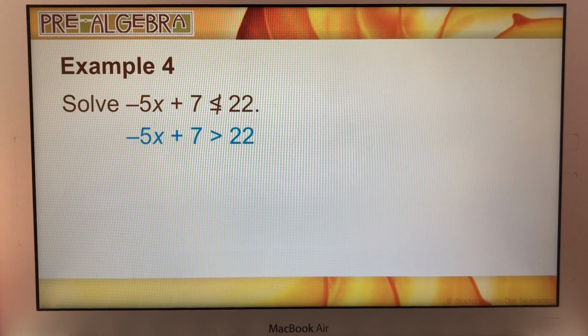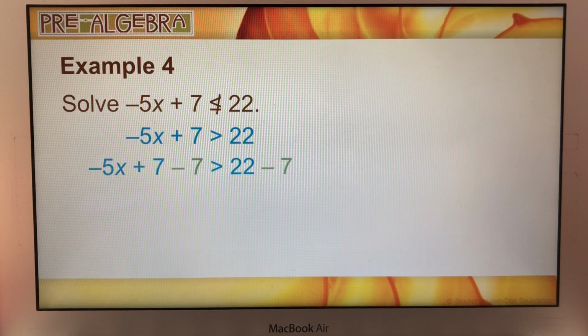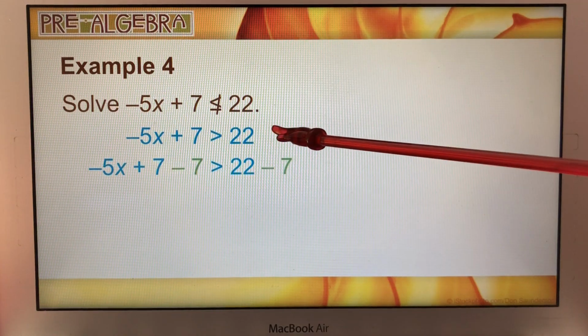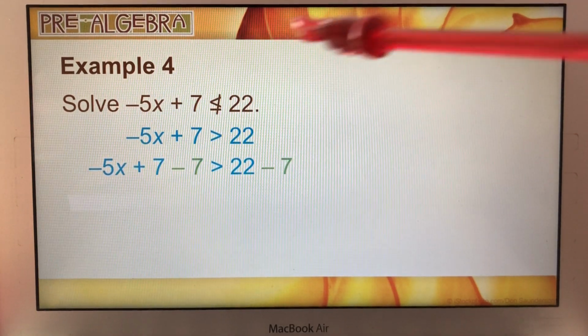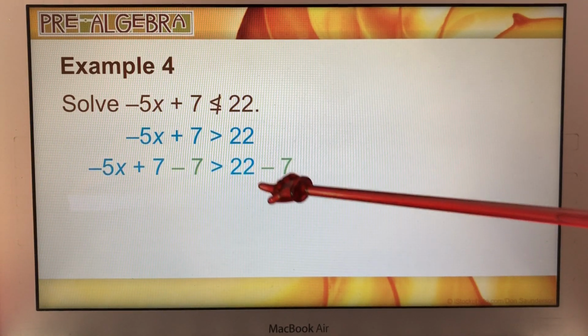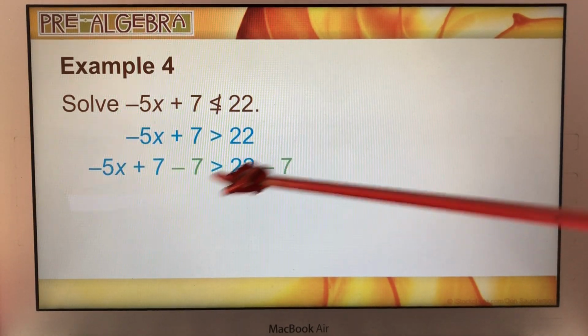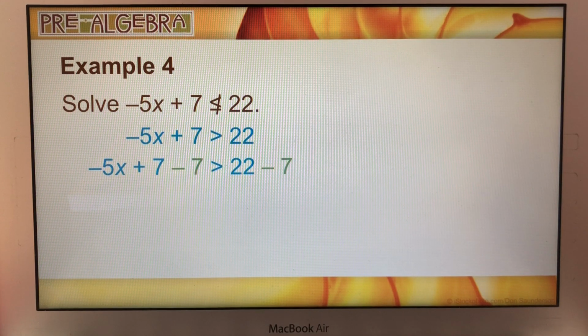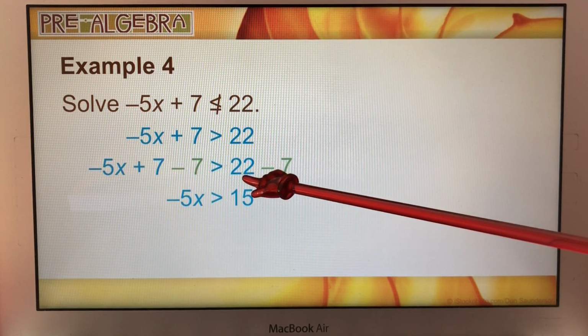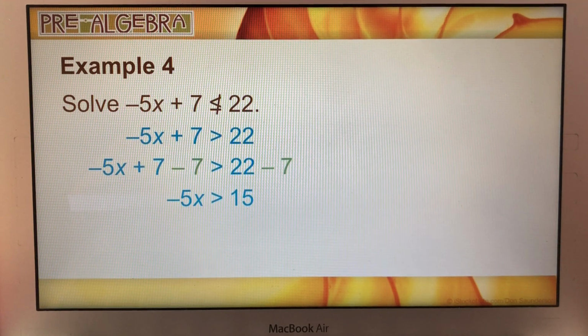So now we can take our equation and solve for x. Again, I'm going to bring my numbers all the way over to one side and leave my variable on the other side. So I'm going to subtract 7 so that this cancels out, becomes 0, and I have negative 5x is greater than 22 minus 7, which is 15.